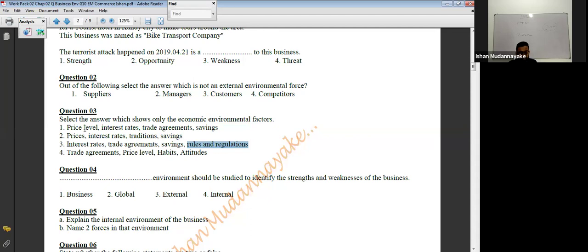Now, let's answer question number 3. First one, price level. Price level and inflation are economic environment factors. Price level belongs to the economic environment. Interest rate, trade agreements, savings. The first one is the answer.